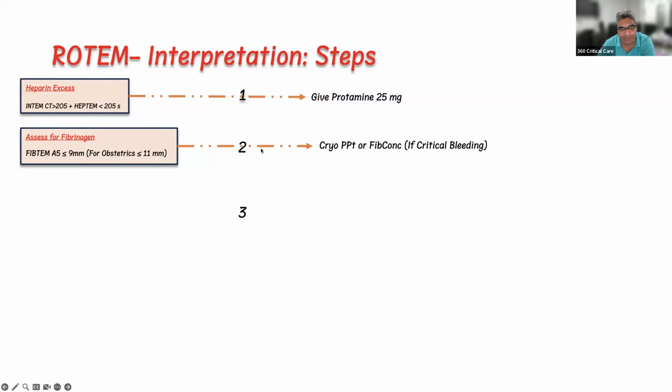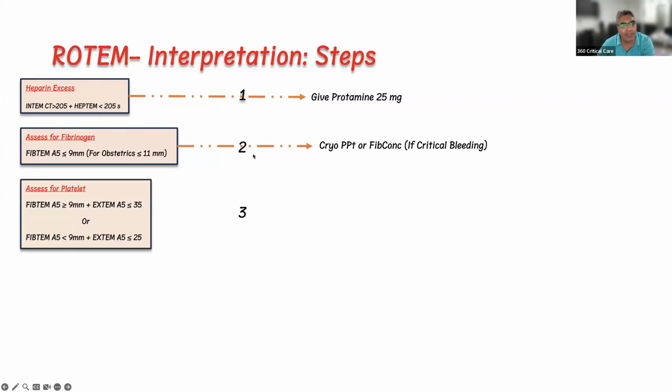So this is the first step you have to do. First step is the assessment of fibrinogen, or first, if the patient is on heparin, you have to rule it out. And the next step is the assessment of the fibrinogen. Then the next step is looking at platelet function. As I said, platelet function is assessed in two different channels. One is FIBTEM, the other one is EXTEM. But in FIBTEM, we neutralize the platelet and we look at only fibrinogen effect.